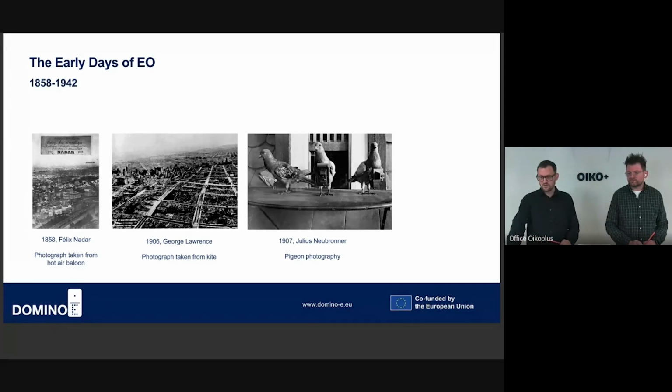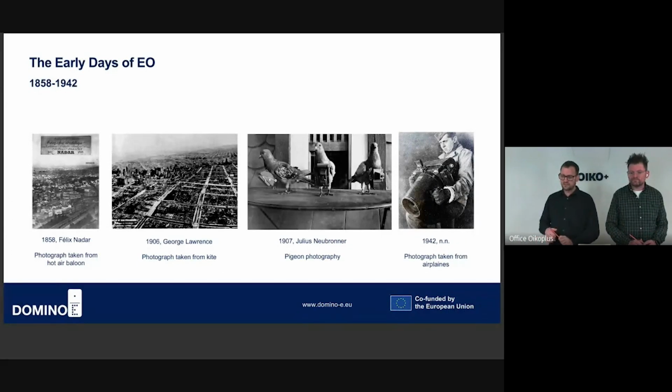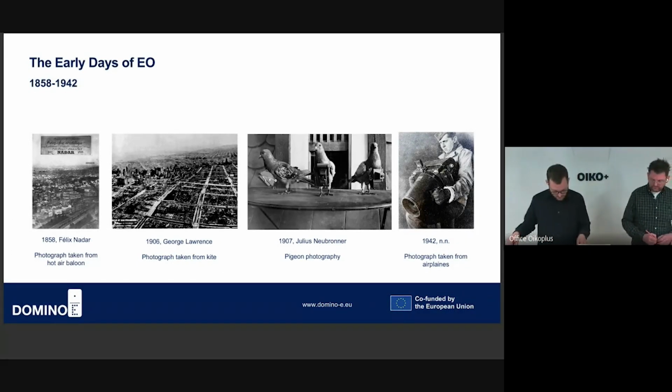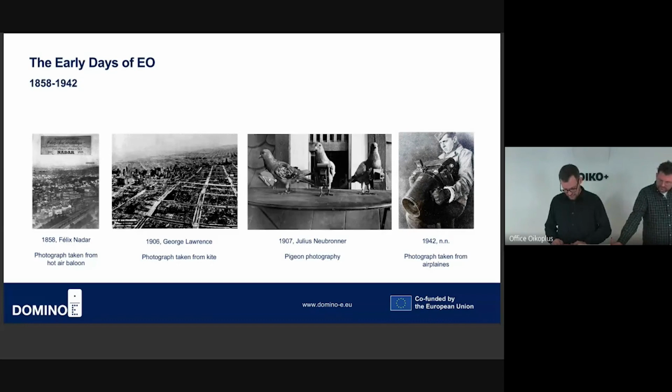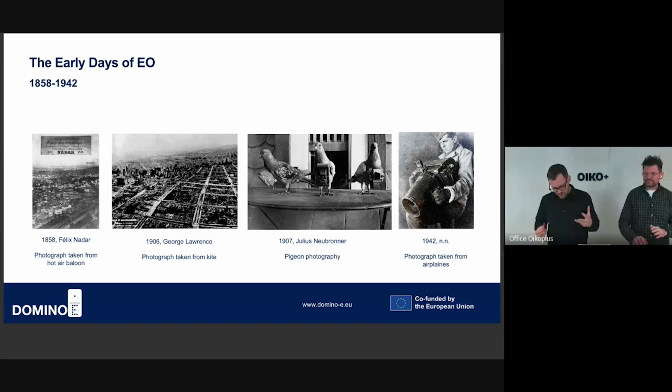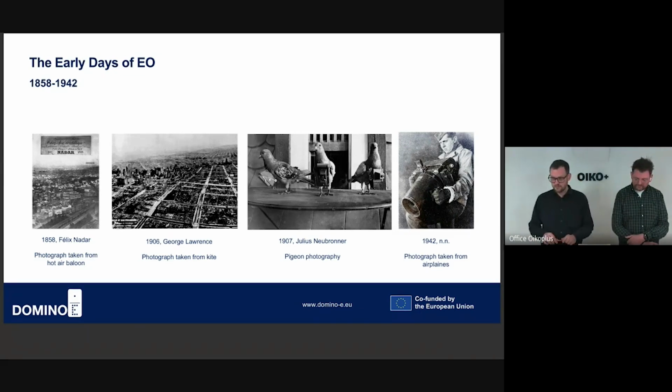From 1909, sorry, to 1942 then, Earth observation had finally become a matter of national security. Airplanes were to be equipped with cameras for strategic aerial reconnaissance. And on the picture here, we see a soldier who is operating a Fairchild K17.